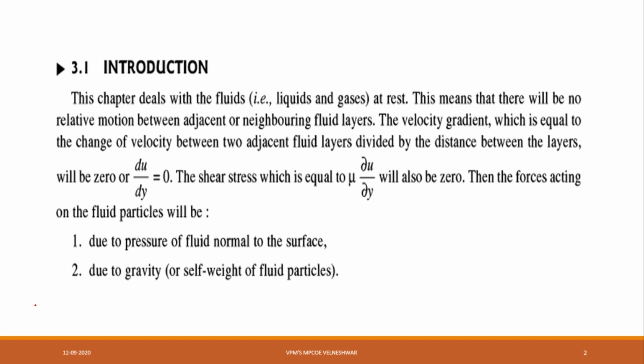The velocity gradient is the change in velocity between adjacent fluid layers. Velocity would change from one location to another, but here I am taking du by dy as 0. du by dy is the change in velocity over the length over which it changes. That means the shear stress is equal to 0.